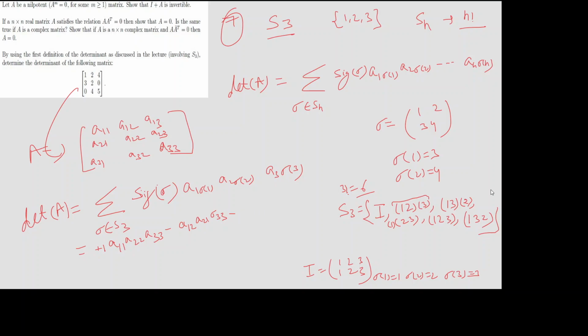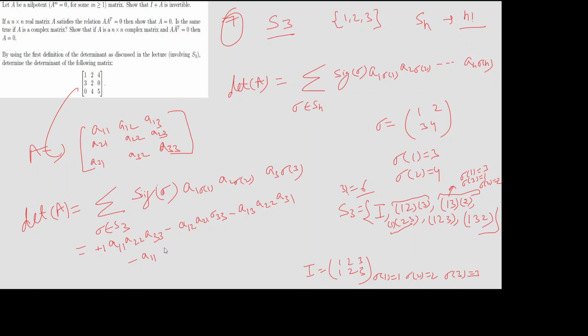Minus for this, sigma 2 is mapped to 2, sigma 1 is mapped to 3, sigma 3 is mapped to 1, so minus A1 is mapped to 3, A2 is mapped to 2, and A3 is mapped to 1.